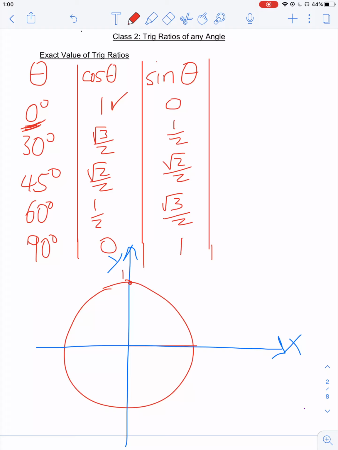What I'm going to ask you to do, this will help you a lot, is just memorize this fact that square root of 3 over 2 is approximately equal to 0.866, okay? Because when you use your calculator, which you have the right to do, and if the question is asking you to find exact values, whenever you get 0.866, you should know that it is actually square root of 3 over 2. So this is a fact that I want you to memorize.